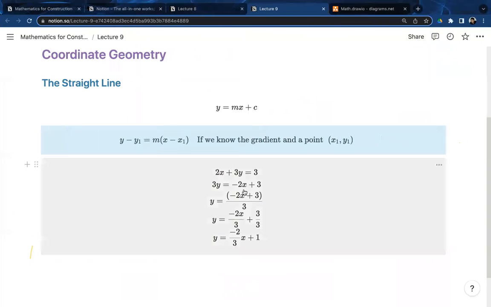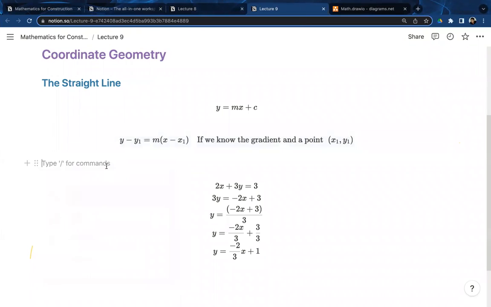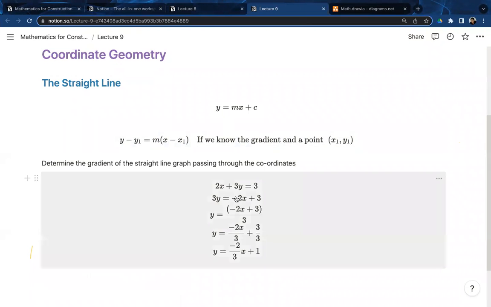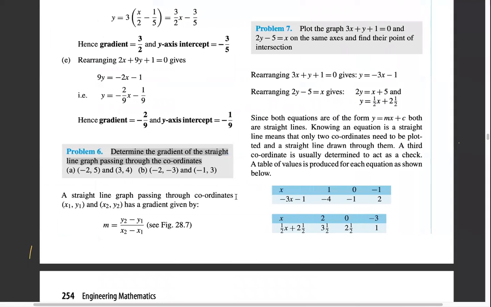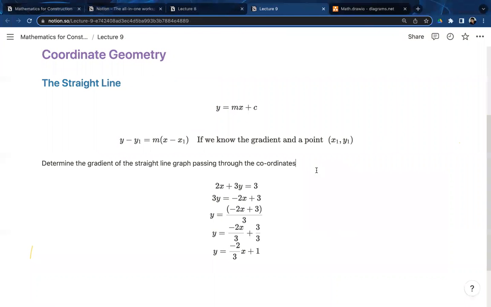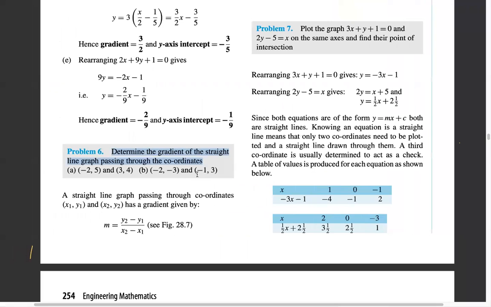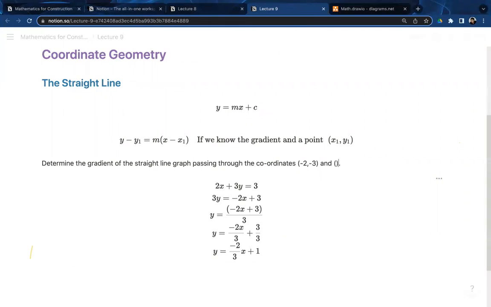Let's do the second one. Passes through the coordinates -2, -3.